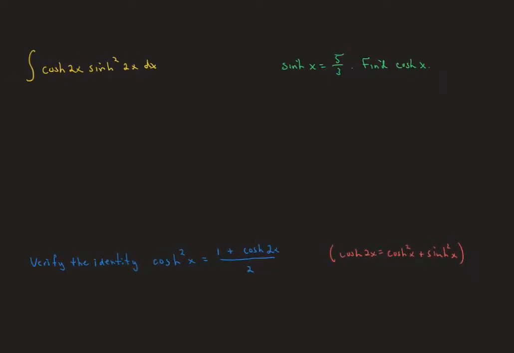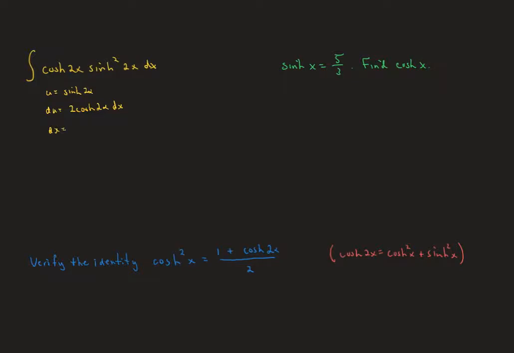So if we have an integral of hyperbolic cosine 2x and hyperbolic sine squared, we can make a u substitution. u is the hyperbolic sine of 2x. That's our inside function. du is going to be the hyperbolic cosine of 2x times the derivative of 2x, dx.